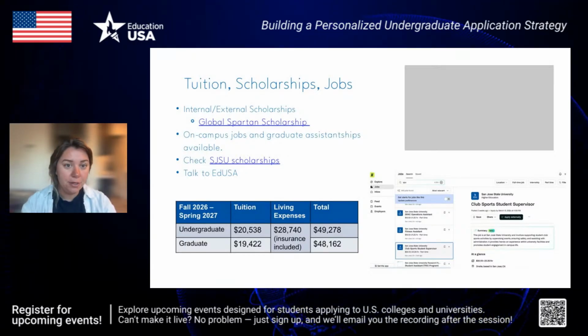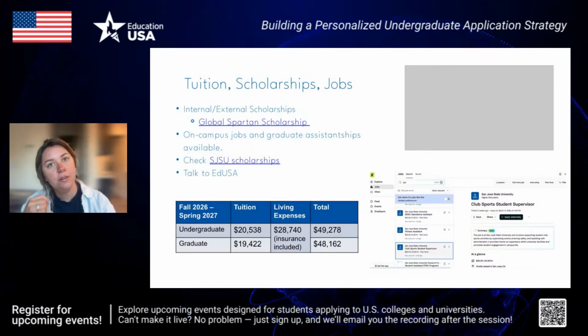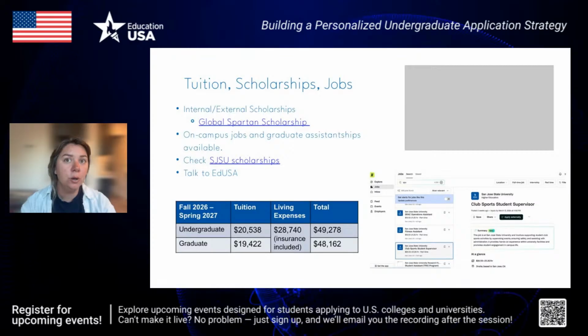This year, for the Global Spartan Scholarship, we had over 100 applications, and we were able to award, I think, around 10 students with about $5,000 each. So you can see that with how much the tuition is, in addition to the living expenses, that $5,000, as nice as it is, is not going to cover it.